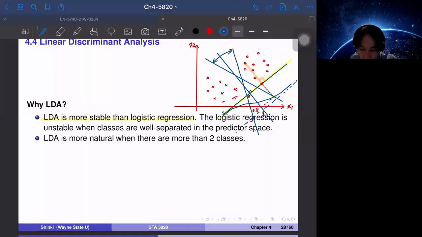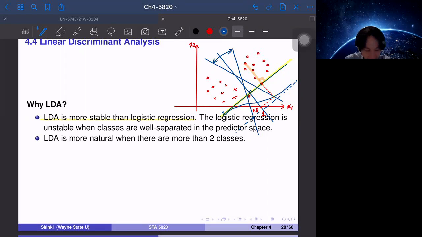That's why logistic regression becomes unstable when data are separable. Separable data is a clearer situation, so it should be easier to separate two classes, but for logistic regression, sometimes it's more difficult.